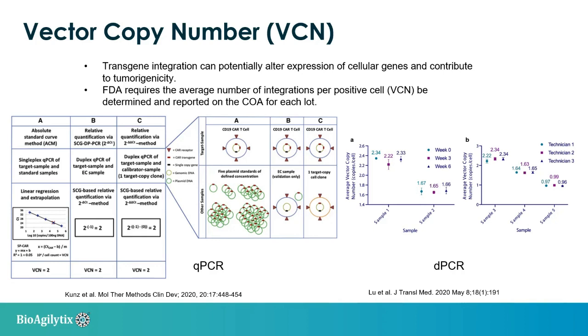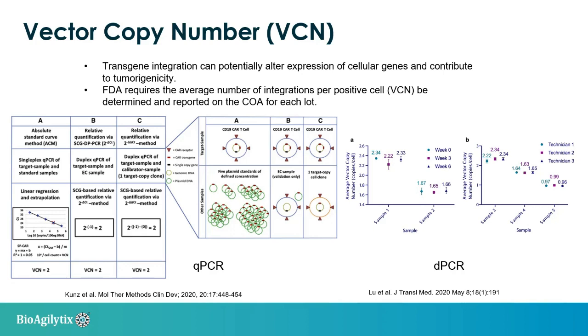However, using this method requires a calibrated sample. This special calibrated sample is from a one vector copy cell clone, which is not easy to prepare, to purify, and to qualify.